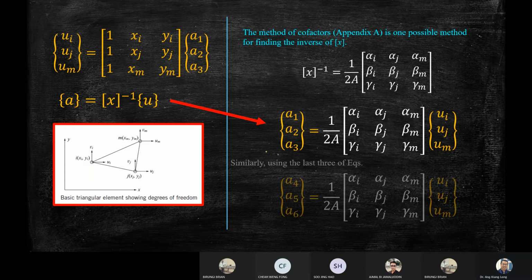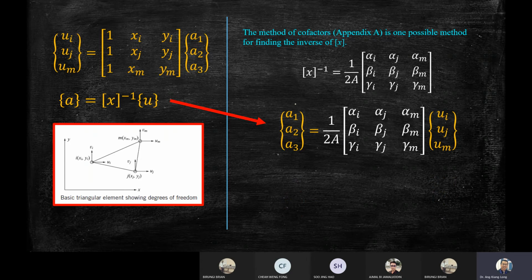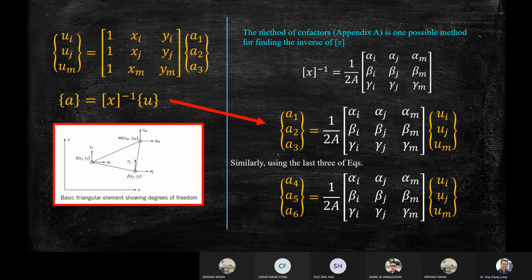And then in a similar way you find A4, A5, A6. It will be the same. You see the matrix is the same.